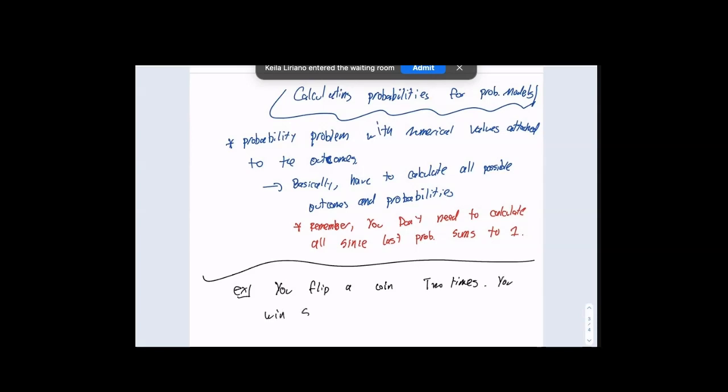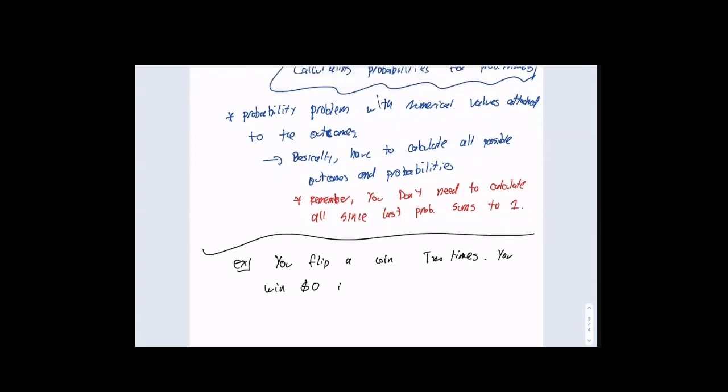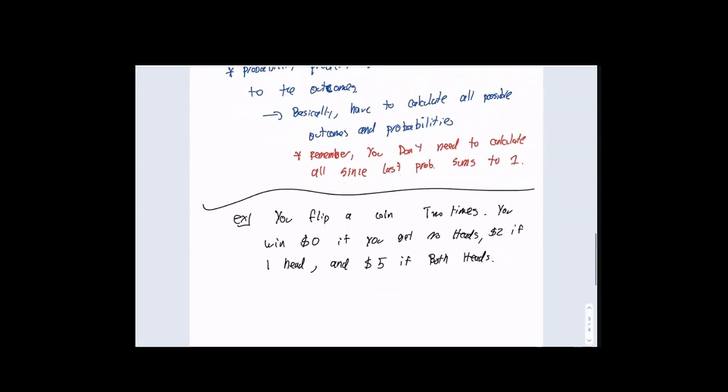You win $0 if you get no heads, $2 if 1 heads, and $5 if both heads. We want to create a probability model. That's the question right there.